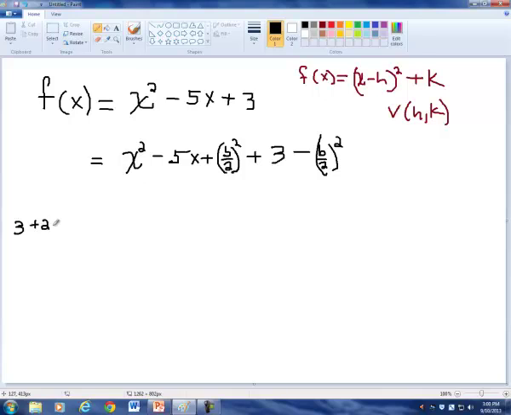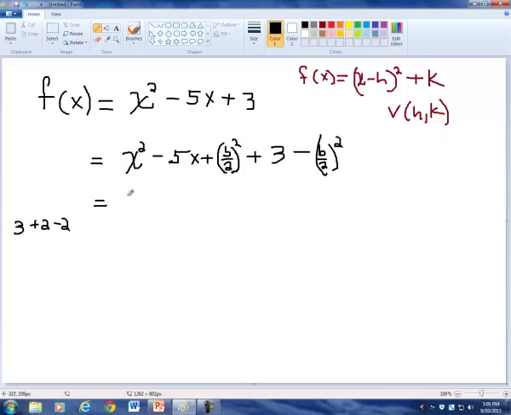Well, we can't just add a 2. But if we add 2 and then subtract 2, we still get 3. So that's what we're doing here. If we add b over 2 parentheses squared, we have to apply minus b over 2 parentheses squared, because they're all on the same side of the equal sign.